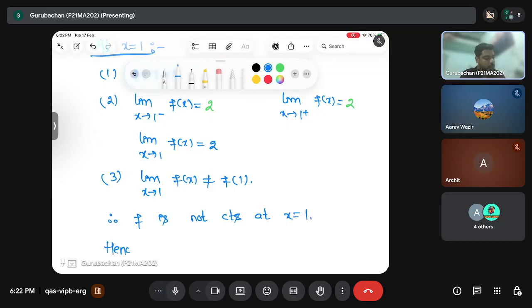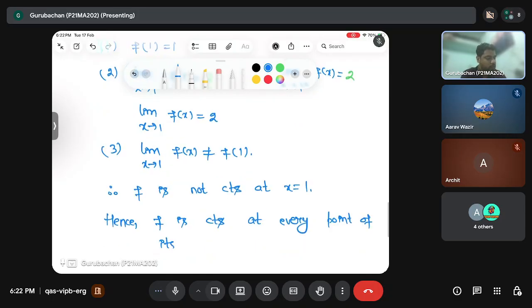Hence f is continuous at every point of its domain except x equal to 1.